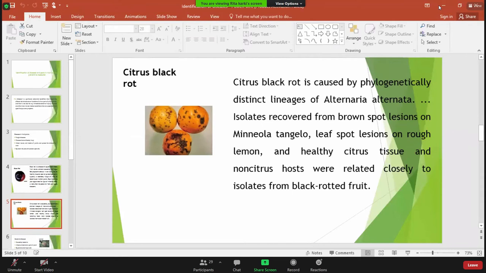So the next disease is black spot disease. From the name itself, it is very clear that this generally attacks the citrus fruits that are grown in our agricultural land.